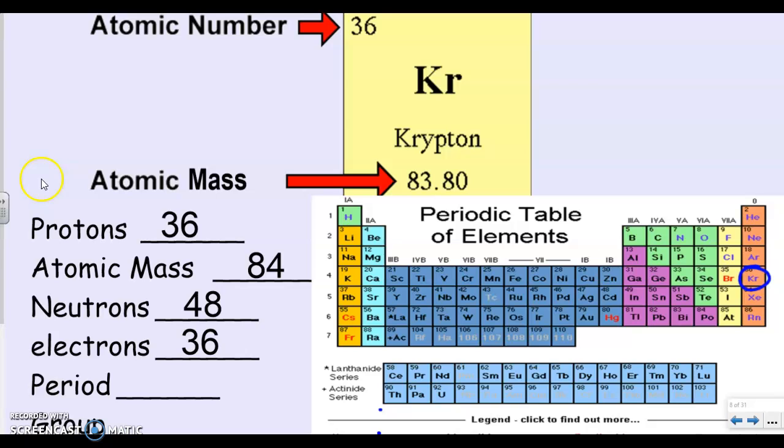Okay, so protons, mass, neutrons, and electrons are all things that we've done before and should look pretty familiar to you. Now, period, remember period is the rows across. So I'm going to count 1, 2, 3. It looks like krypton is in the 4th row across. So we're going to call that period 4.